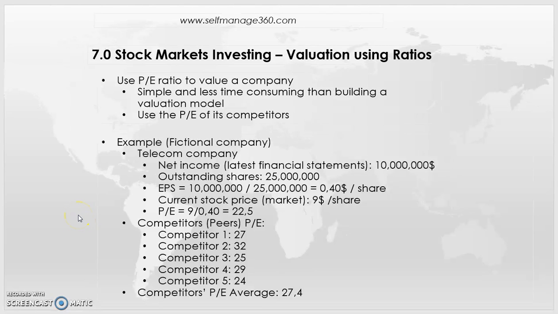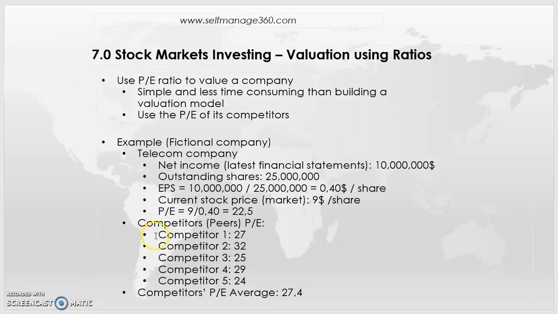So, is that a fair price to pay? Well, it's difficult to say because we are only looking at one company. So, one way to verify if 22.5 times the profit is expensive for this company is to look at the price to earning of its competitors.